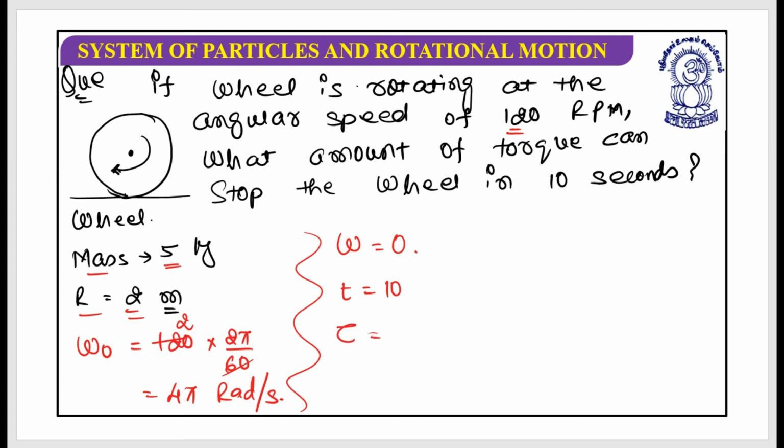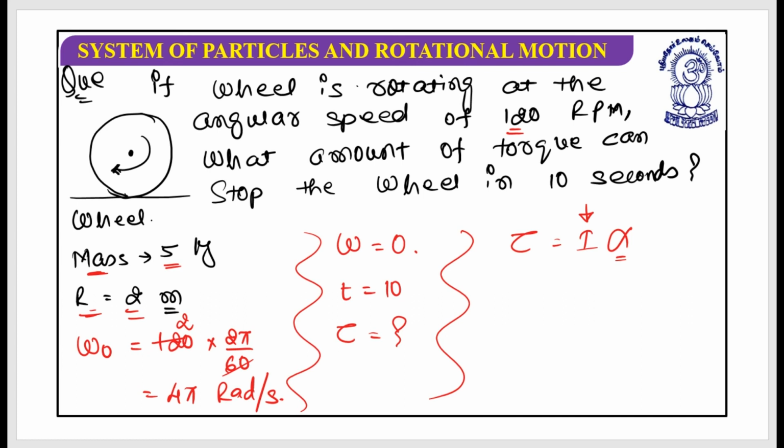What do I require? I require torque. As we discussed in the last question as well, when you require torque, you should look for torque equals I alpha. Look at this, I have a mass and a radius, which means I can find the I. So I would be available, that is for sure. What I require else is the alpha, the angular acceleration. How will I do this?